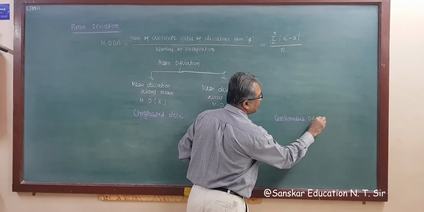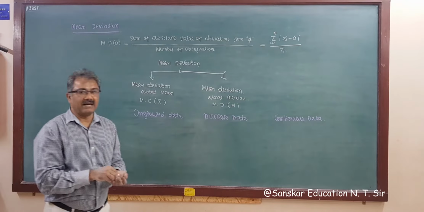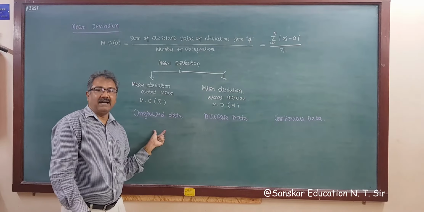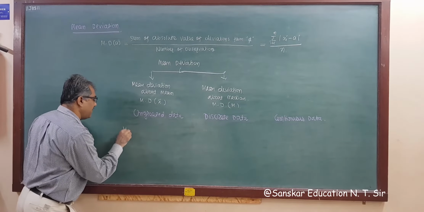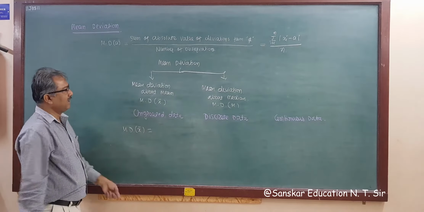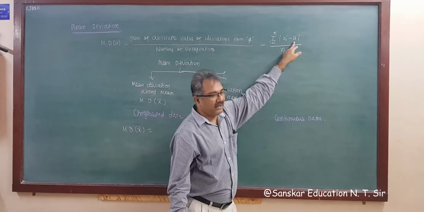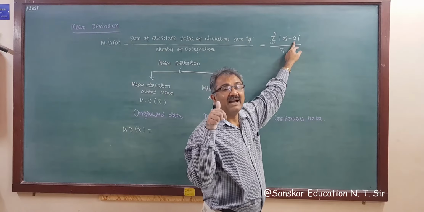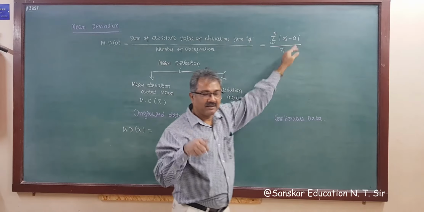So we learn about these three types of data. For ungrouped data, mean deviation about mean is given by, instead of this a, we simply write x bar, that is the mean.